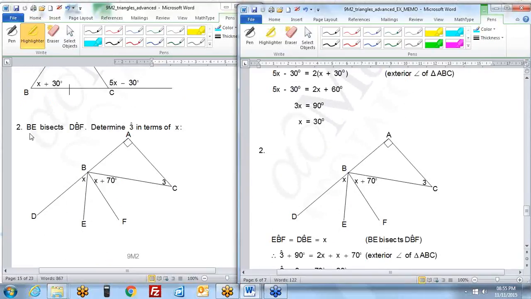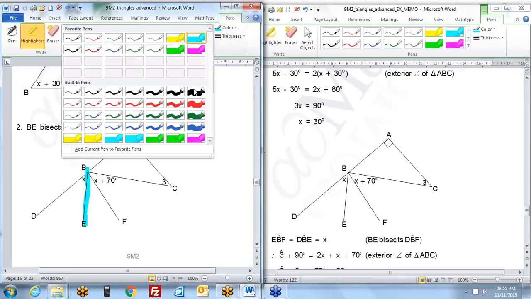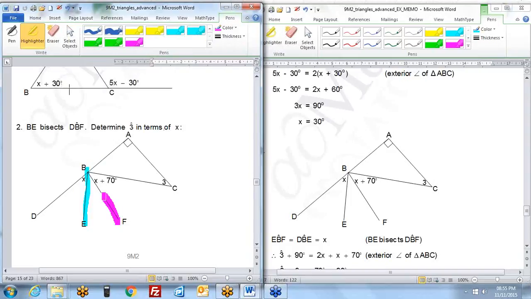Then number 2, BE bisects angle DBF. In other words, the following: BE bisects angle DBF.